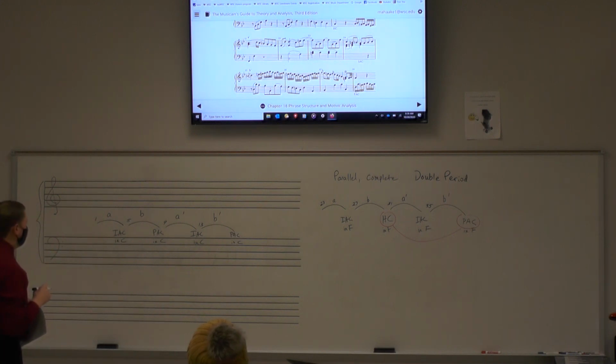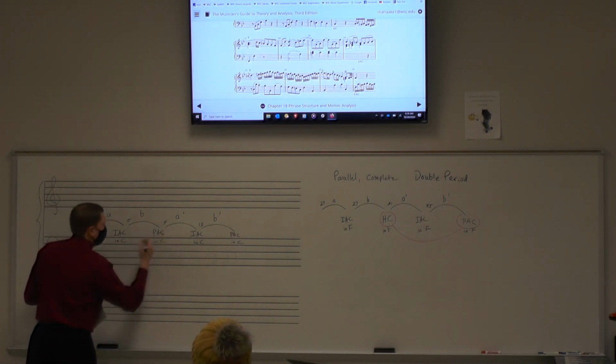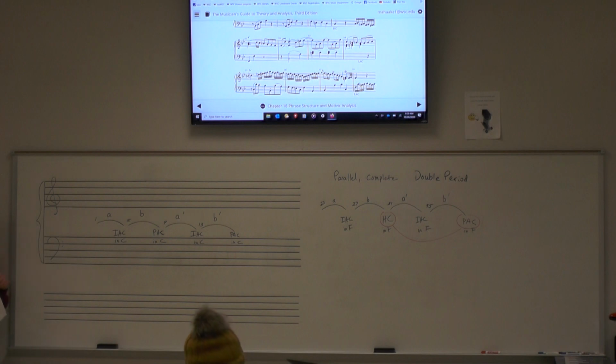Let's say you end up graphing a piece, and this is what your graph looks like. Are you going to say, oh, look, I count 4 phrases, that means it's automatically a double period? No. What gives it away that this graph is not of a double period?